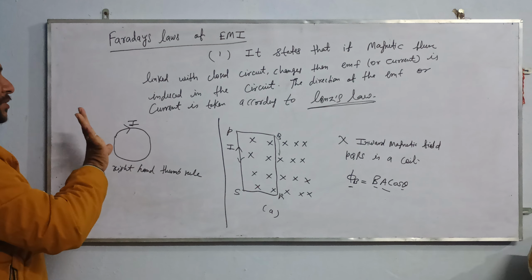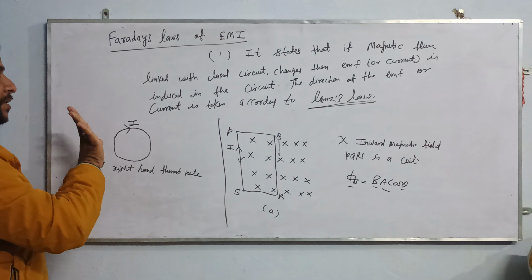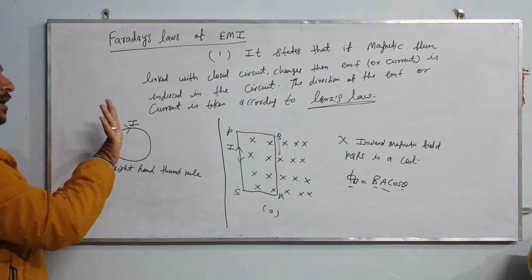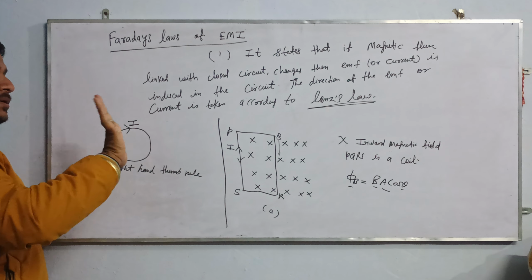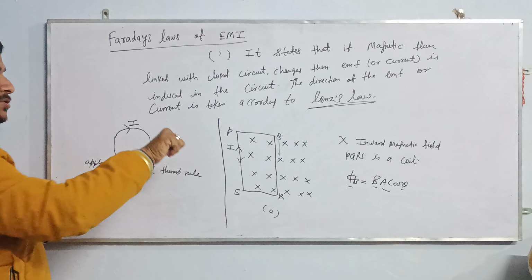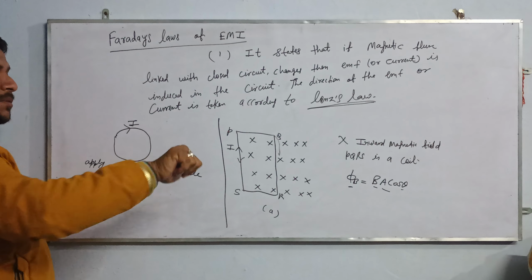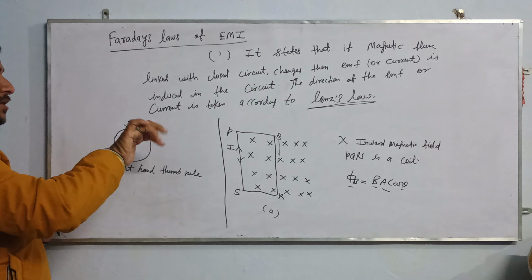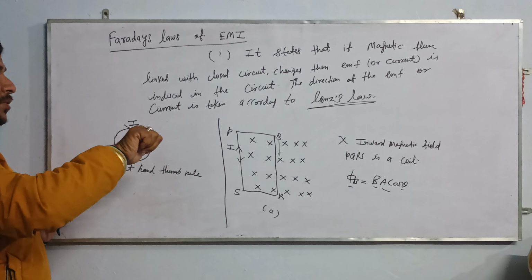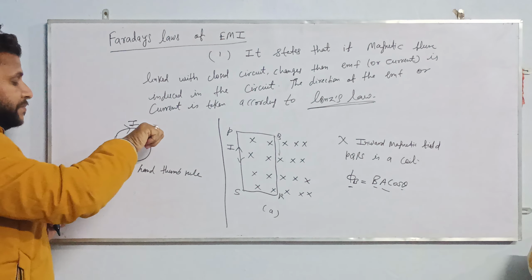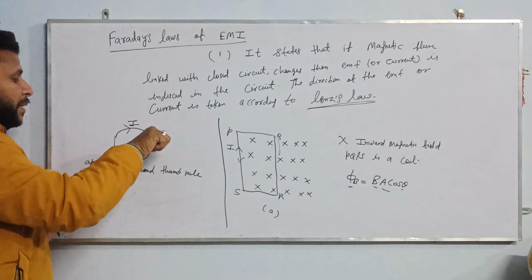Move or rotate the fingers in the direction of the current. The thumb represents the direction of the magnetic field lines. The current is in the clockwise direction, so the direction of the magnetic field will be inward, inward the plane.